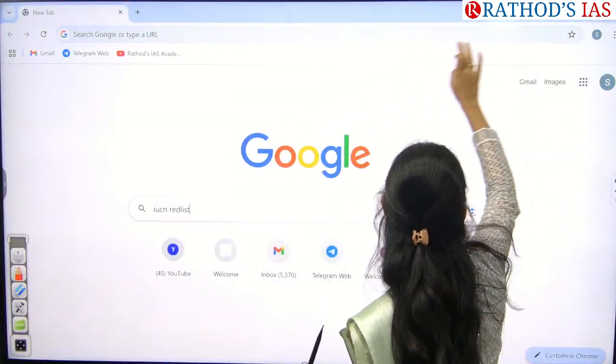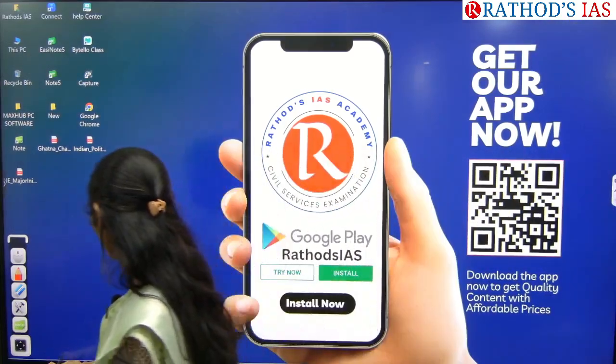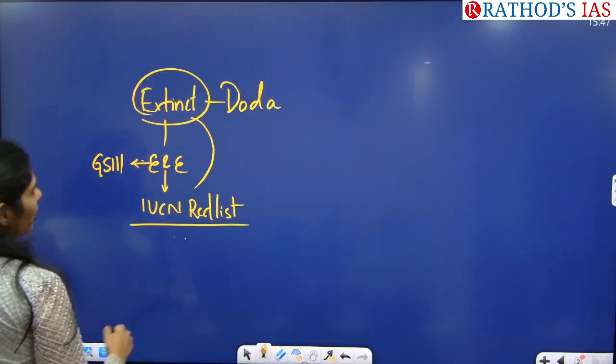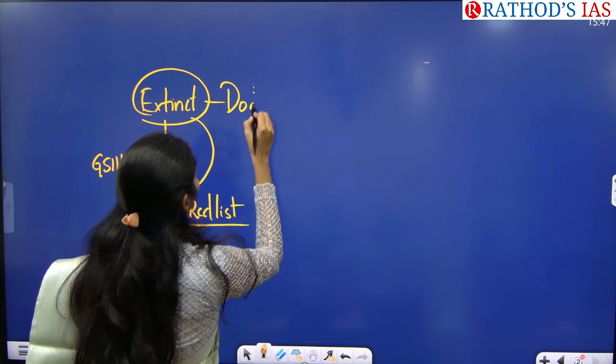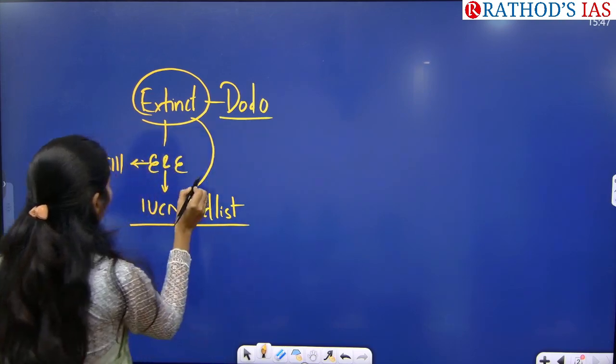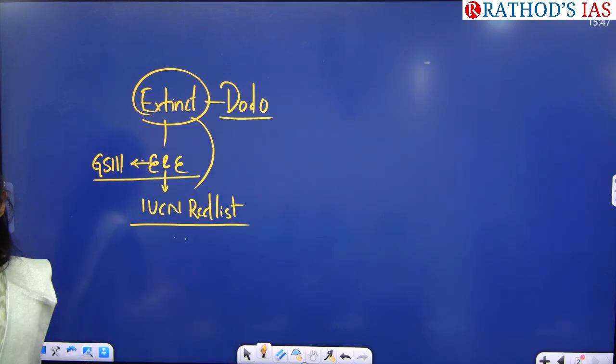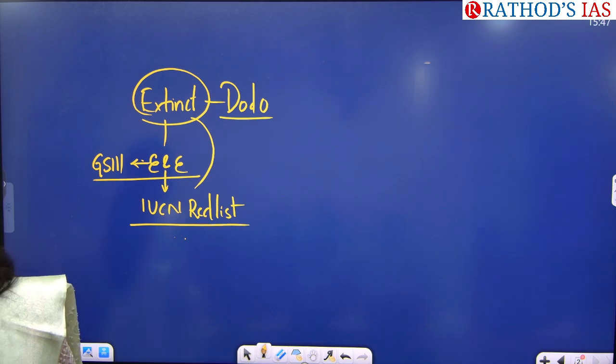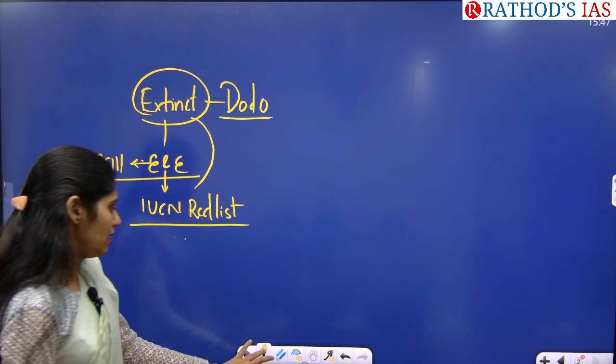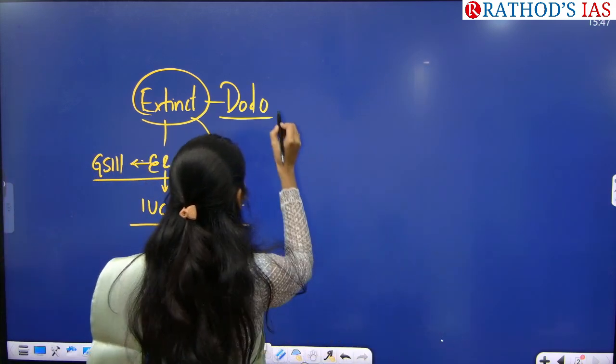Okay, now let us see about this Dodo. So from environment and ecology, it's okay. Apart from this, can you connect with any other subject? Because now, what is this article?